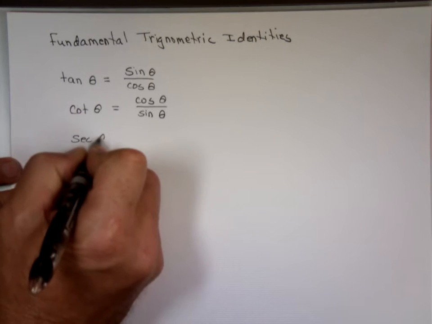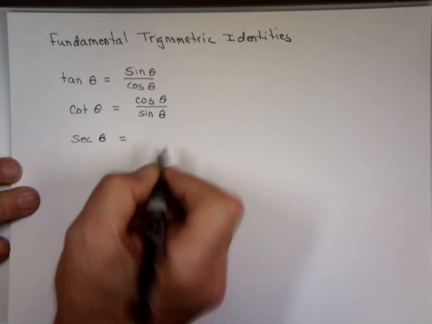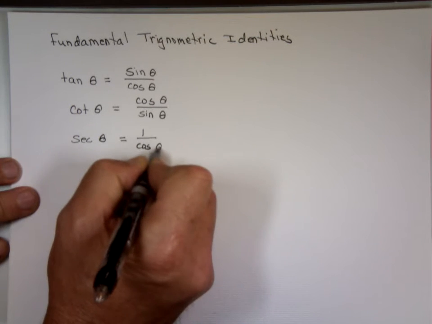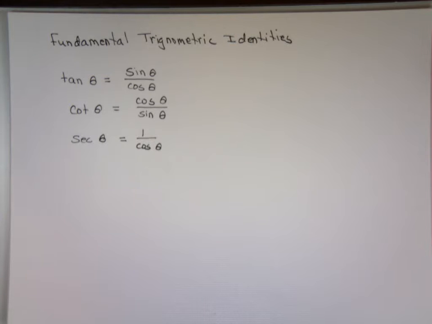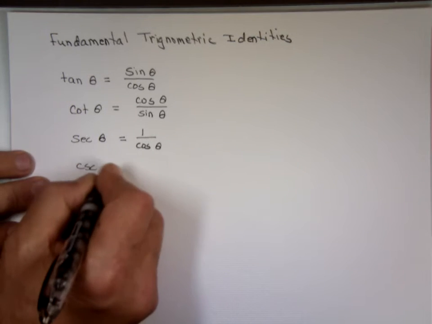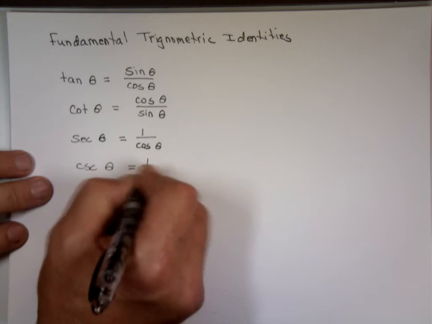Secant theta, it's 1 over cosine theta. Cosecant theta is 1 over sine theta.